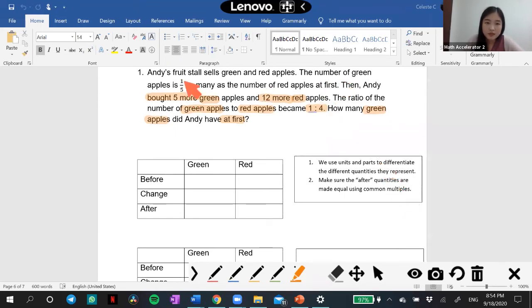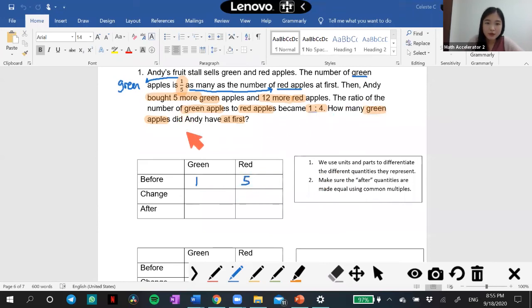Right, so let's break down this 1/5 here. The number of green apples is 1/5 as many as the number of red apples at first. So draw your arrows. Okay, 1 is for the green apples. 5 is for the red apples. So what is the ratio? 1:5. That is at the beginning.